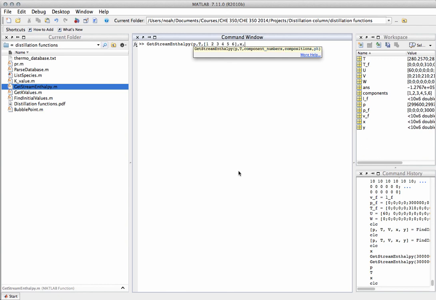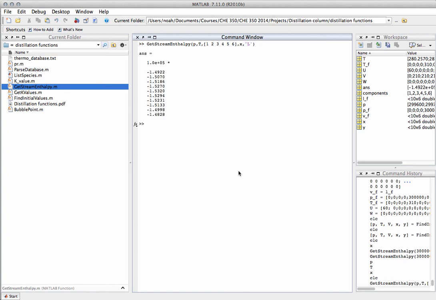Compositions now we'll just do X, and that's for the liquid phase. Here we turn, and we get a vector of stream enthalpies, one for every stream that we're looking at. So this is basically going to give us the enthalpy of the liquid streams leaving each stage. So we have 1, 2, 3, 4, 5, 6, 7, 8, 9, 10 stream enthalpies, one for each stage.